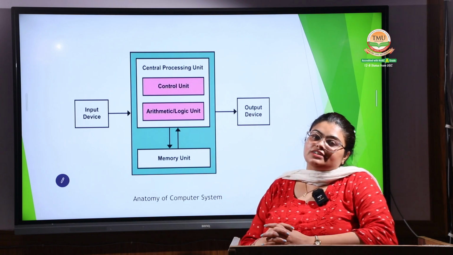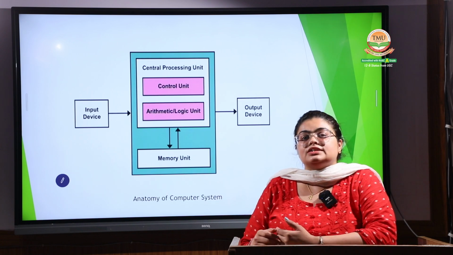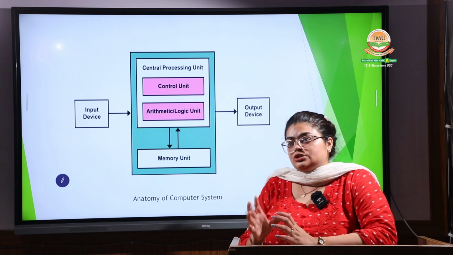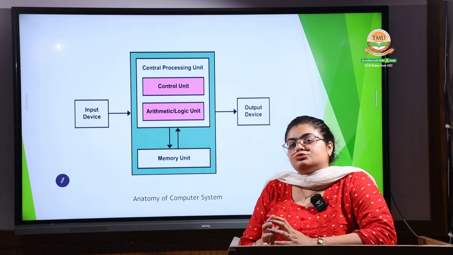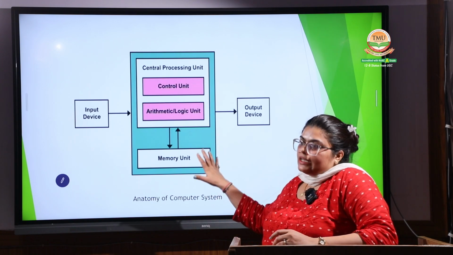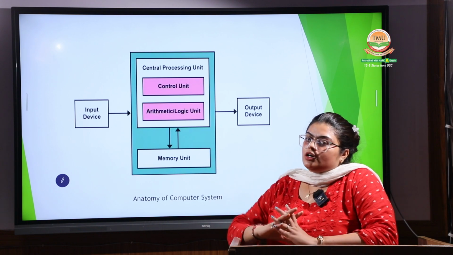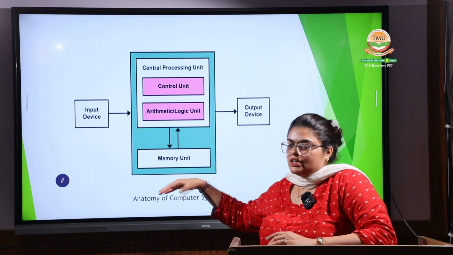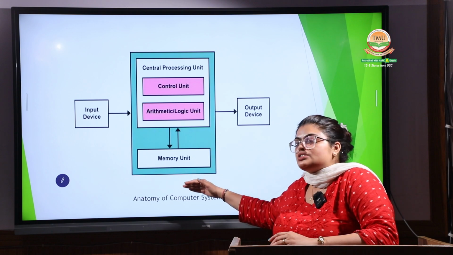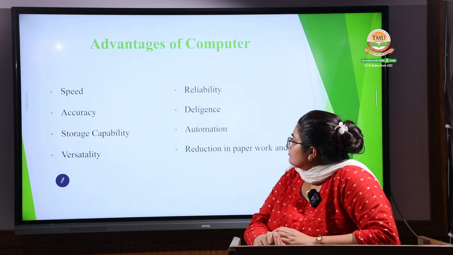Output devices are the devices by which we can see the result, or we can generate the output through the output devices. So overall, the anatomy of the computer or the basic organization of a computer includes input devices, central processing unit, memory unit, and output devices. Understand?